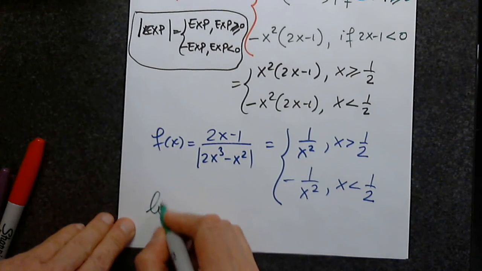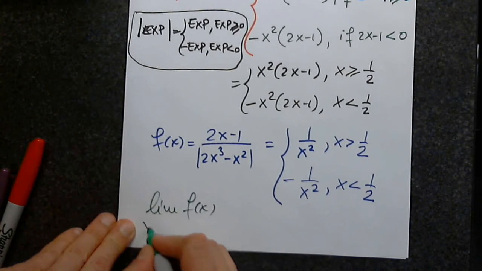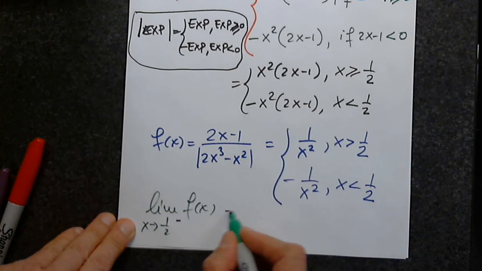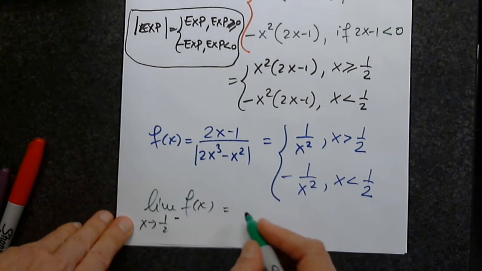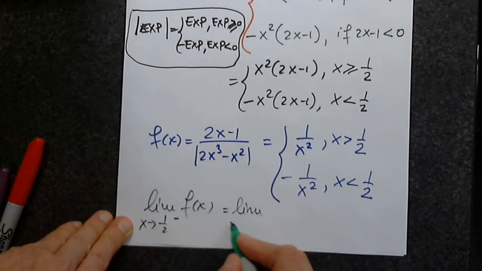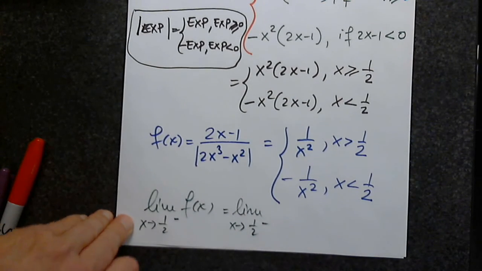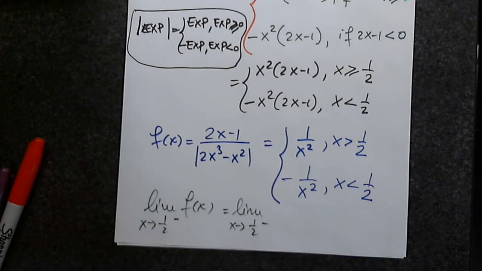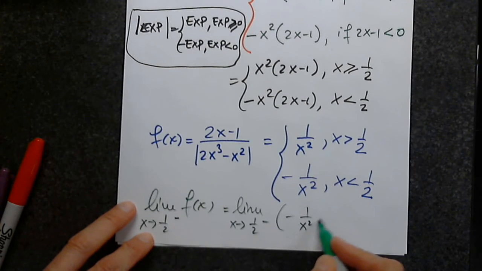So finally, the limit of the function as x approaches 1/2 from the left. Which of the two branches will I use, top or bottom? Bottom: negative 1 over x squared.